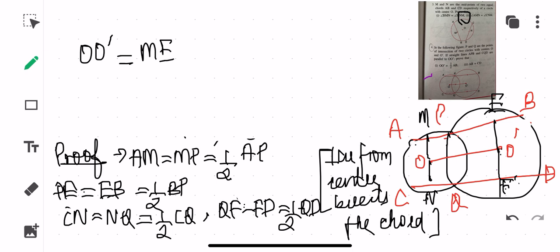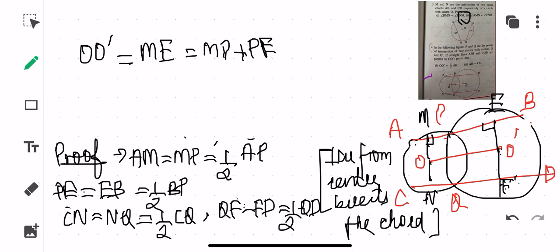Why this? Because you can easily see that in this figure, this angle is equal to 90 degree, this angle is also equal to 90 degree. So if these two angles are 90 degree, it is understood that OO dash is going to be equal to ME. So this in turn is equal to MP plus PE.